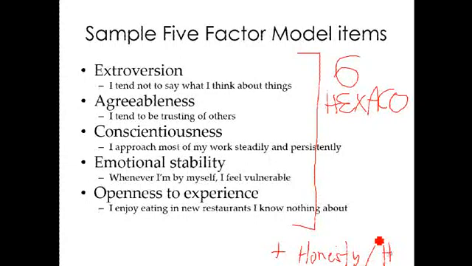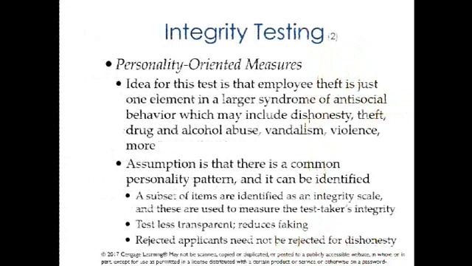Now, this can be used as a way of measuring integrity, class. The idea here is that certain antisocial counterproductive behaviors like theft, dishonesty, vandalism, etc., can be predicted by personality as well. Counterproductive work behaviors can definitely be predicted by personality, and the testing for this is typically integrity testing.